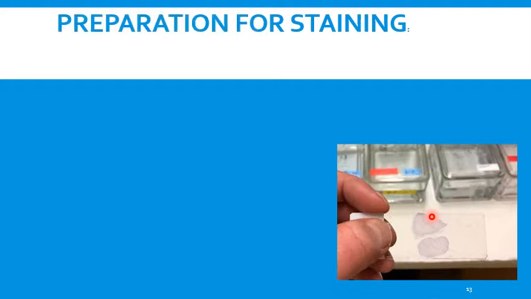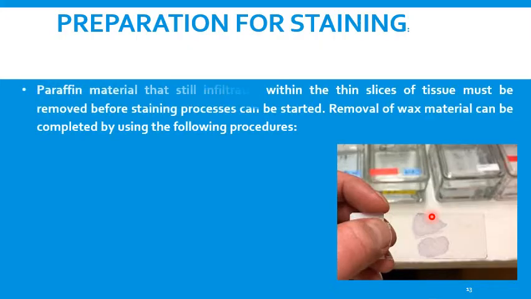The last step, staining. The preparation for the staining: paraffin material that still infiltrates within the thin slices of the tissue must be removed before the staining process can start. Why?